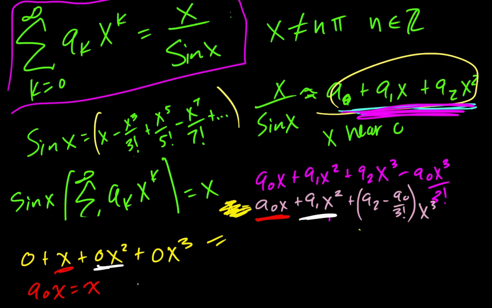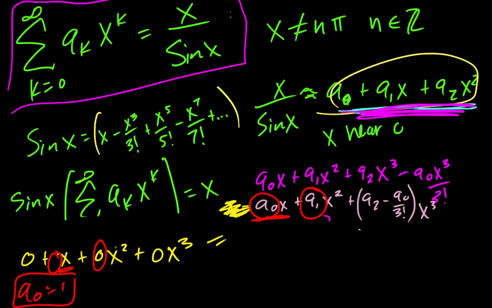Let's just do it with the coefficients. So basically a naught is equal to 1, and that's done. A1 is equal to 0, and that's done.